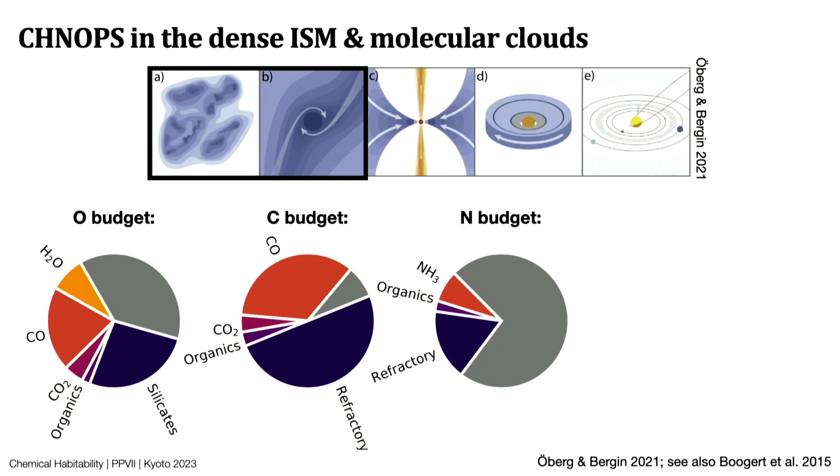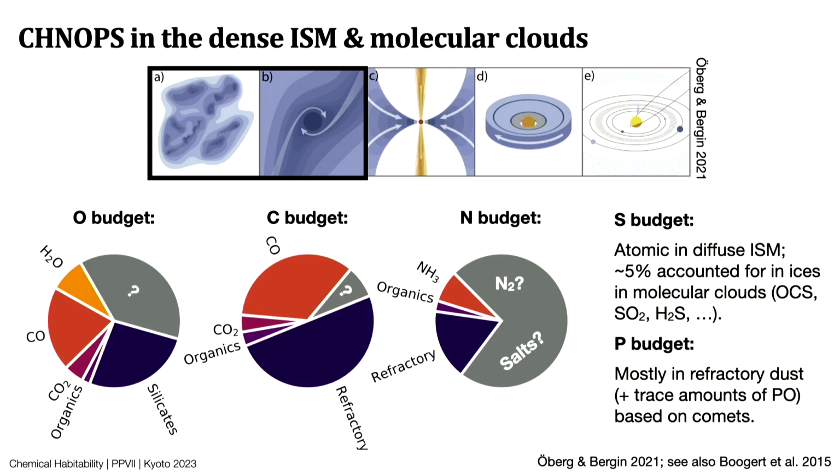And this will depend on whether this material, when inherited into the protoplanetary disk, is mostly in the gas phase or in the ice or in the solid phase. There are some open questions, of course. There's some oxygen missing, some nitrogen missing. Nitrogen in particular is very interesting. Is this a highly volatile carrier like N2? Or is this something more stable, maybe ammonium salts, based on the finding of these in comet 67P?